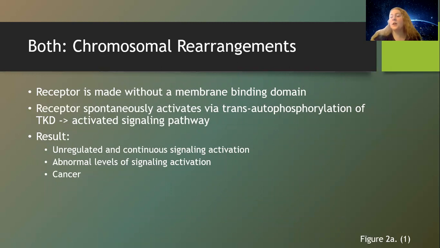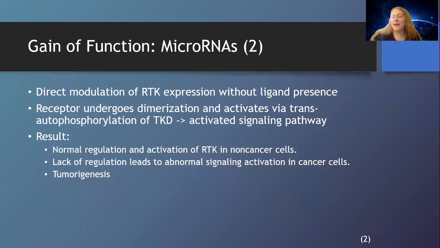And lastly, today we're going to talk about a novel type of activation which has to do with microRNA within the cell. This type of activation is a gain of function activation because the receptor is being turned on without a ligand binding.